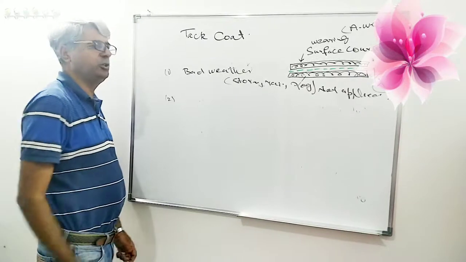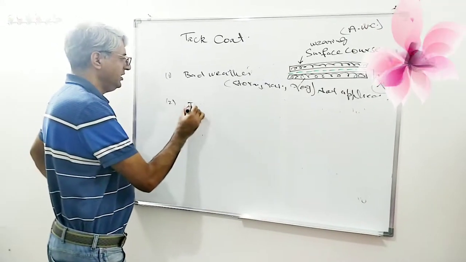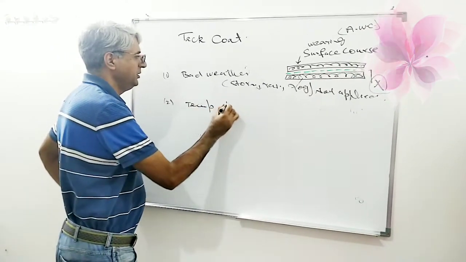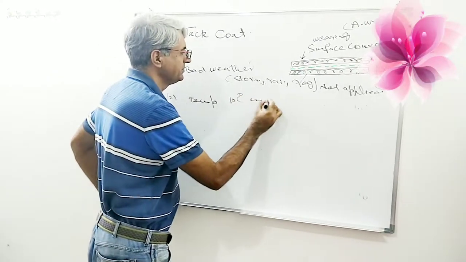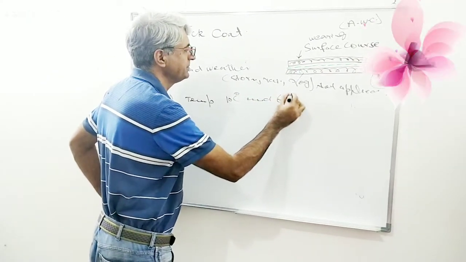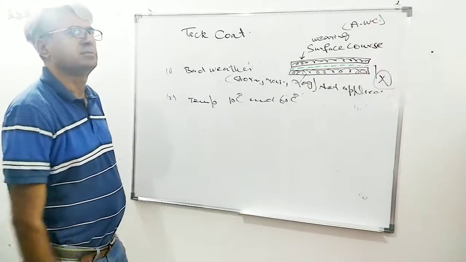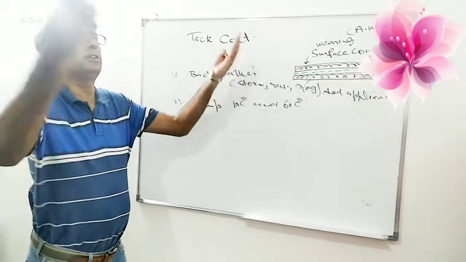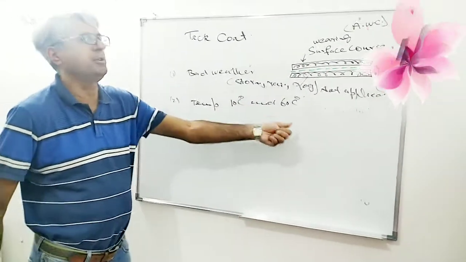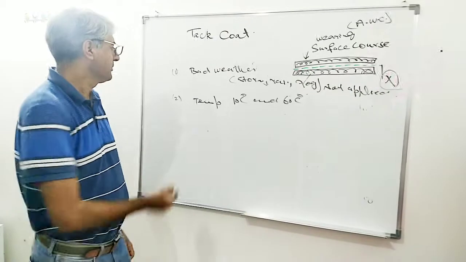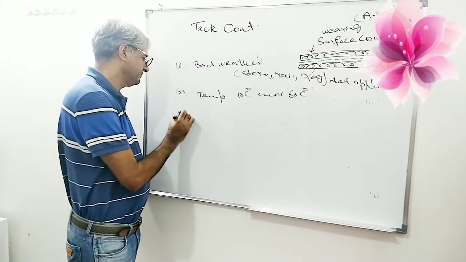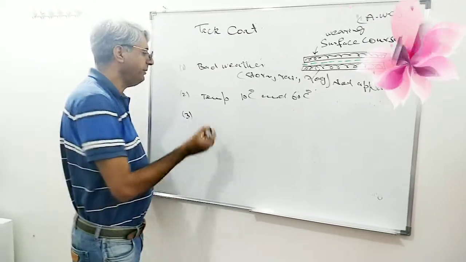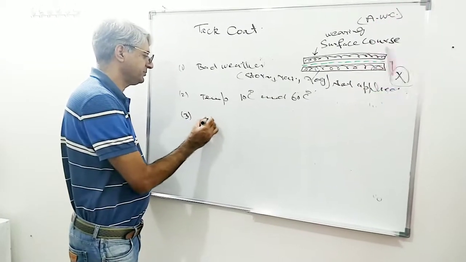Second, as I have already told you, its temperature is between 10 Celsius and 60 Celsius. It is not like the prime coat, going to a minimum temperature of 60 and going to 85. No. Third one, the rate of application is very less.